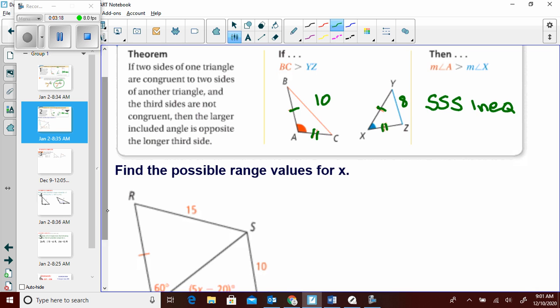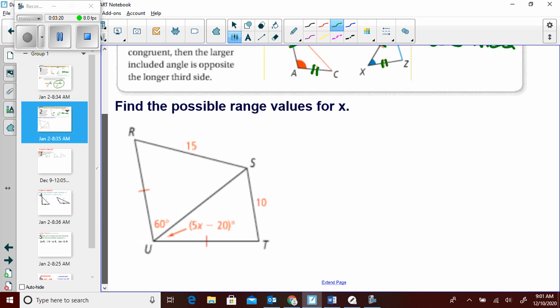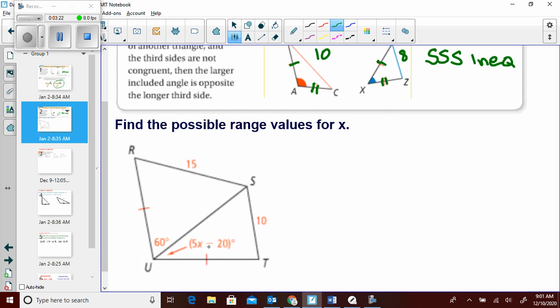Let's apply that with a range. Let's look at 5x minus 20 and 60. Which one is bigger? Is 5x minus 20 bigger than 60 or less than 60? Well, let's see. Those are congruent. Oh, do they share SU? Is SU the same as SU, right?